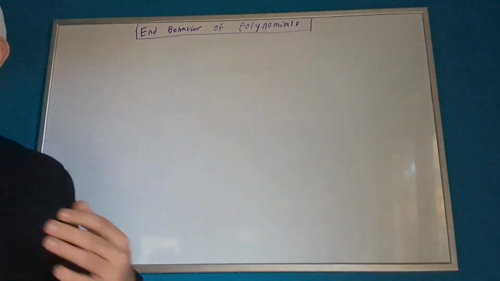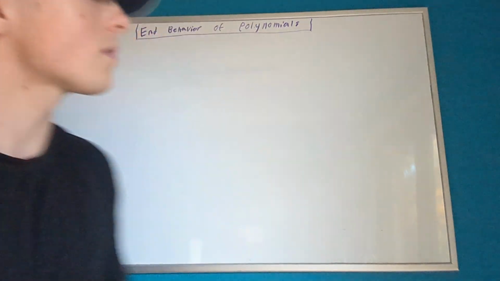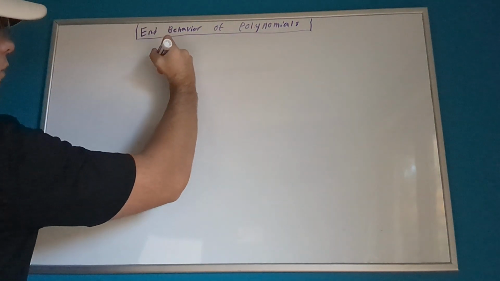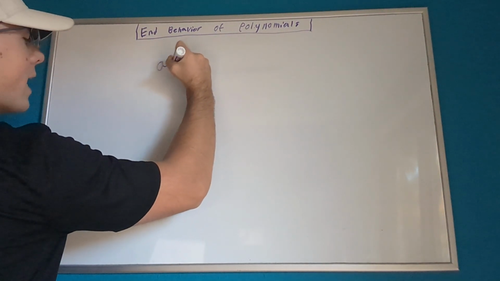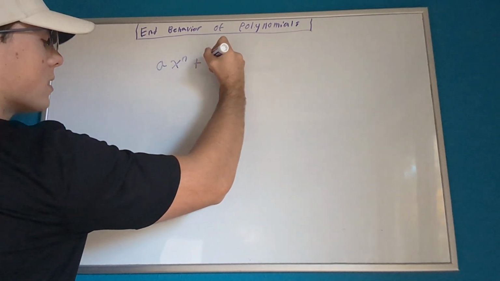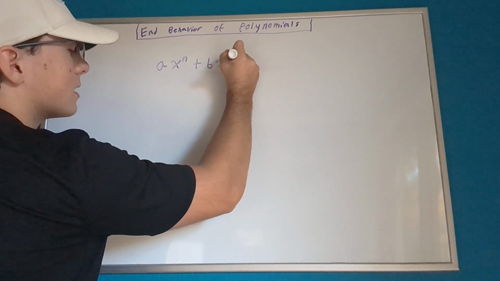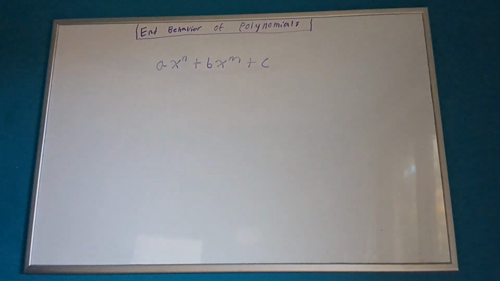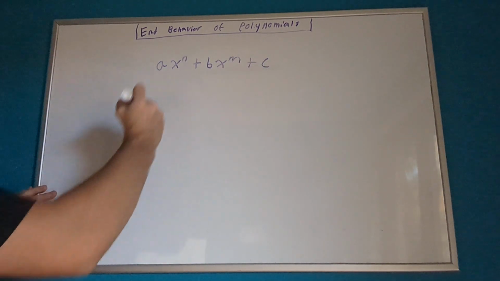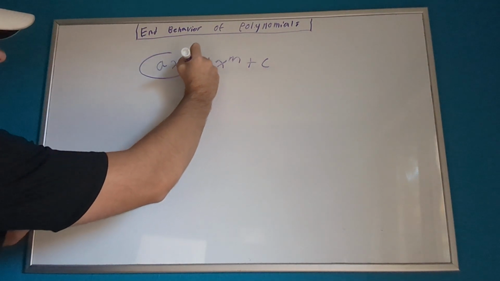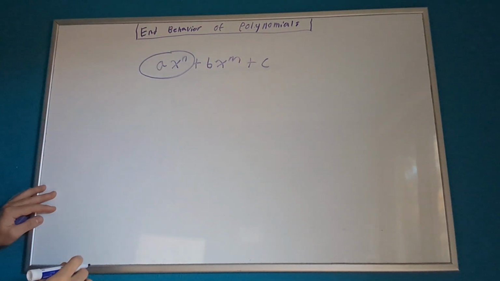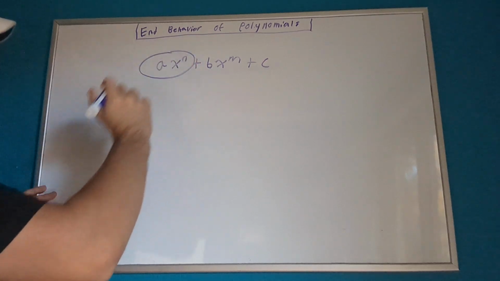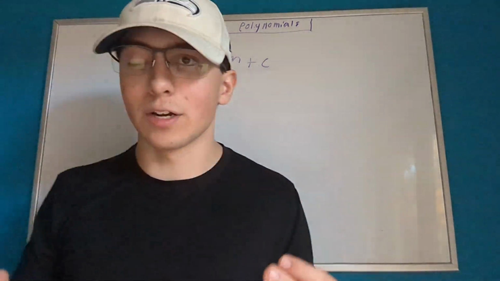Let's get rid of that, and now we can actually come up with a rule. Let's say we have something in the form ax^n + bx^m + c. What we want to do is observe this part of the graph right here, and we're going to assume n is the greatest exponent, and that this is in standard form.